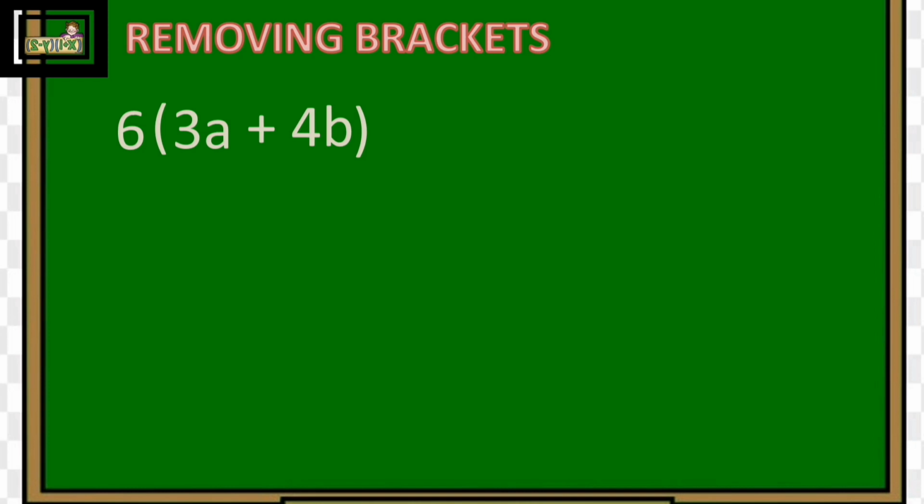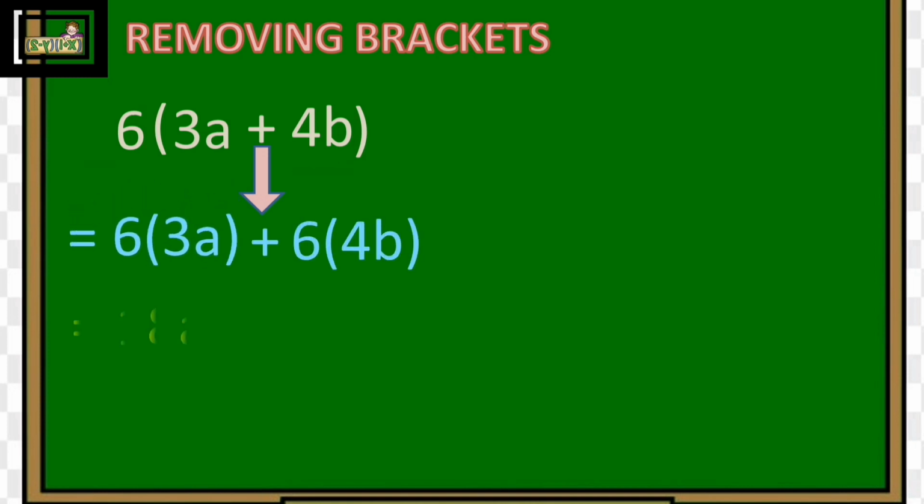So what is the term outside the brackets? 6. And what are the terms inside the brackets? 3a and 4b. So this means you would use 6 to multiply 3a and you use 6 to multiply 4b. 6 times 3a is equal to 18a. 6 times 4b will be 24b. This is the required answer.